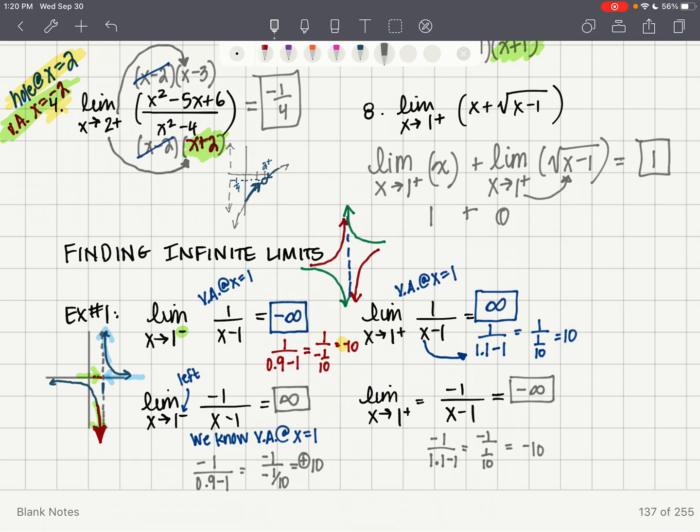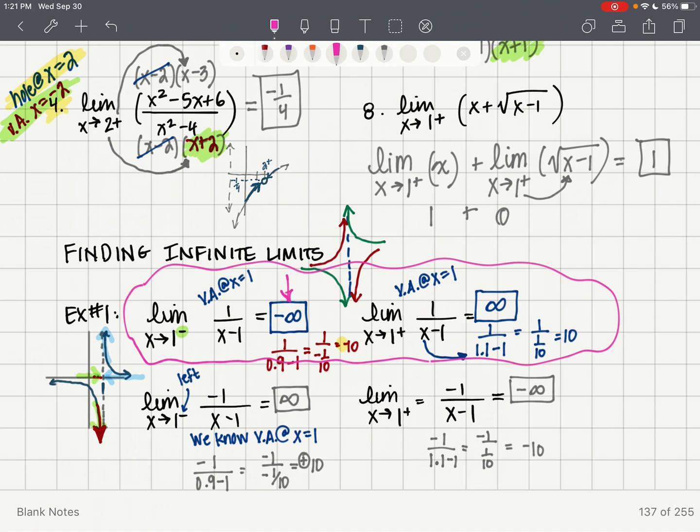Now, let me just go back here real quick. Let's look at these right here. I'm going to erase that pink, but that's what I want you to look at, because it's the same function. One is approaching x from the left of 1, and the other is approaching from the right of 1. Those two values are not the same.